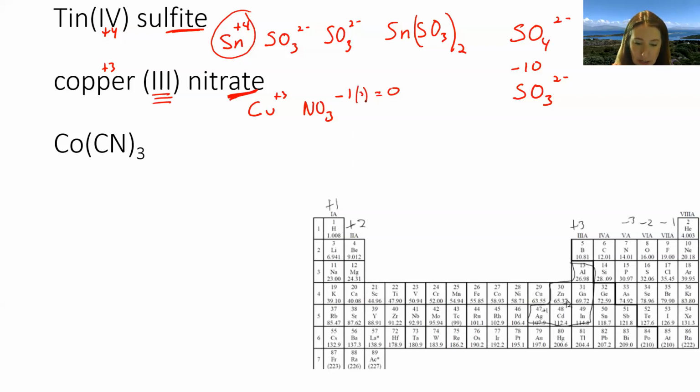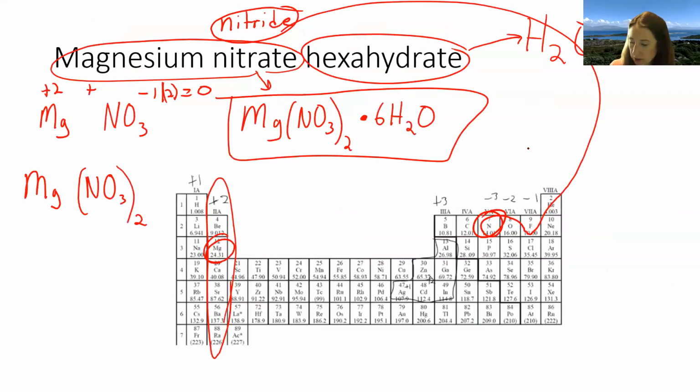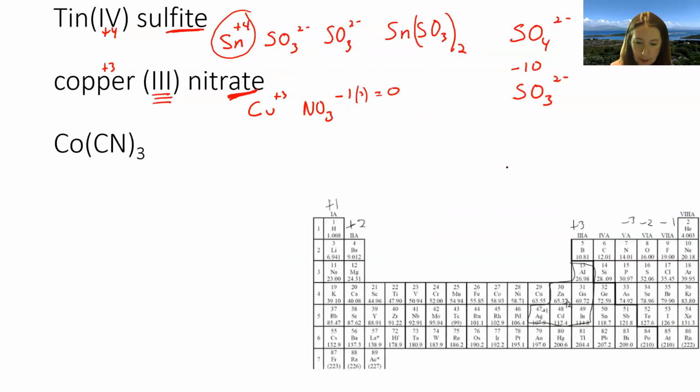So it would be Cu(NO3)3. And again, we need 3 -1s. So we'd have a 3 there. Okay, let's try the next one. Now, cobalt and Cn. So now we're going the other way. Again, here's our cobalt. It's in the middle, ionic compound.